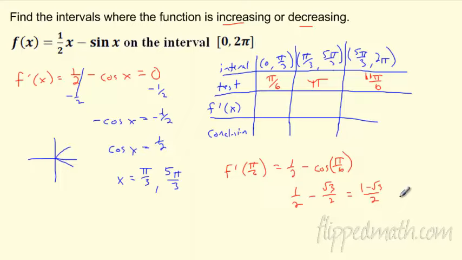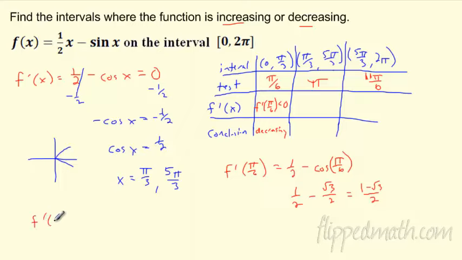Without a calculator, you may be hurting a little. But radical 3 is bigger than 1, so it's going to be a negative on top. So this is a negative number. The derivative at pi over 6 is less than 0, so it's negative. What does that mean? It means this is decreasing. So here is a decreasing function on this interval. Awesome.